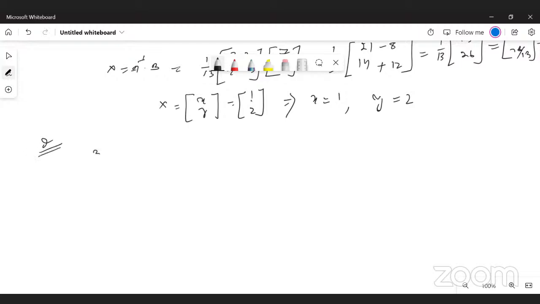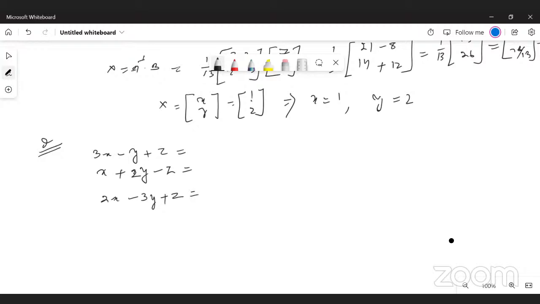Let's say I take 3x minus y plus z, and x plus 2y minus z, and we take another one, let's say 2x minus 3y plus z, right?